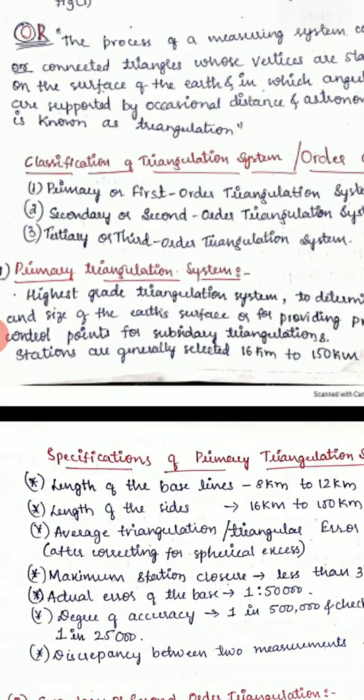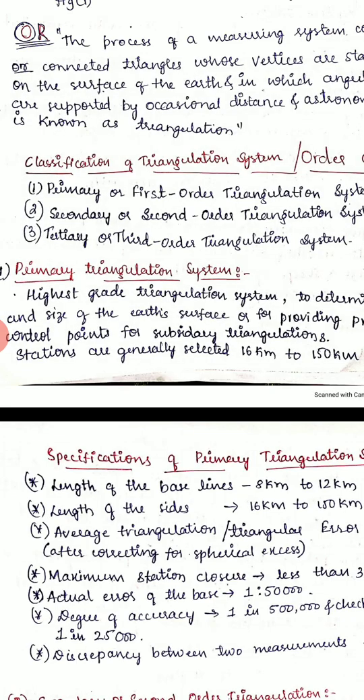In primary, what happens is, it is the highest grade triangulation system, used to determine the shape and size of the earth's surface, or for providing precise planimetric control points for subsidiary triangulation. In these cases, stations are generally selected 16 km to 150 km apart.